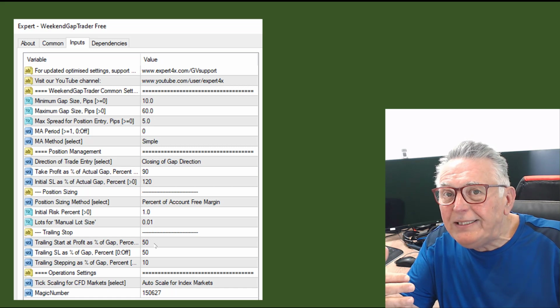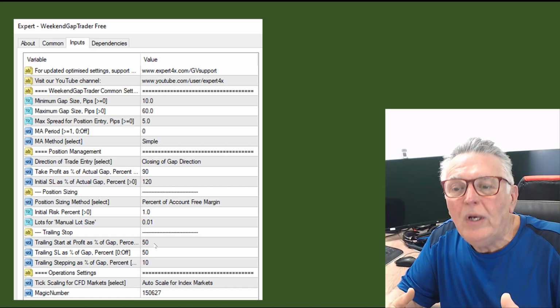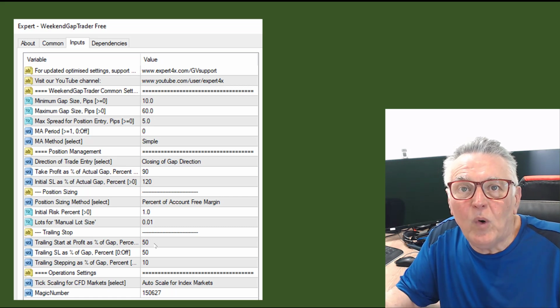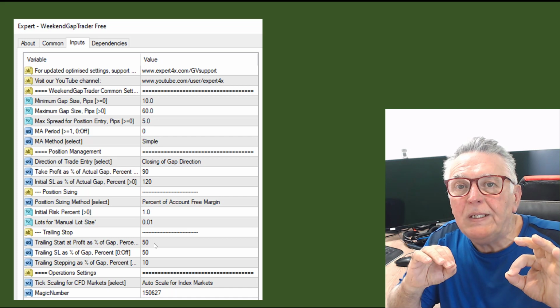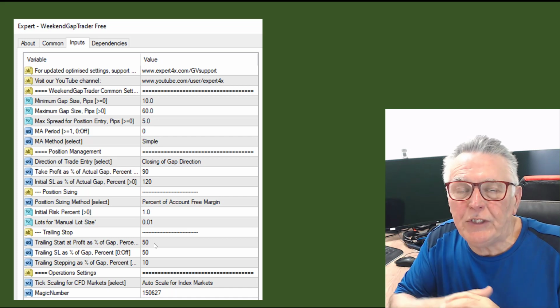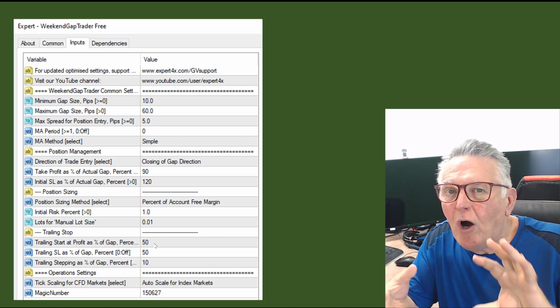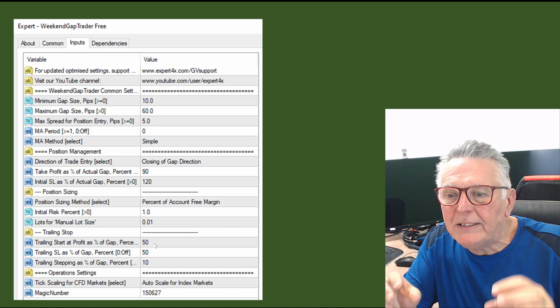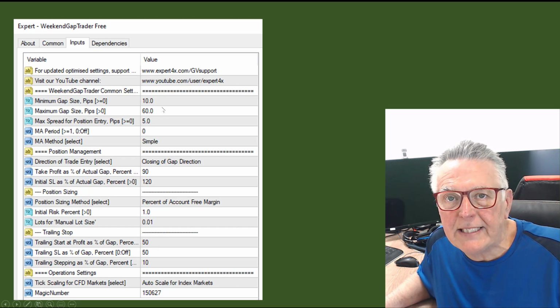Now, if the gap's only 10 and the trailing stop kicks in at 5 and your spread is 5, therefore you are on the borderline of the allowance that you have for your stop. So these things are very critical and slightly balanced, and especially if you're using trailing stops and initial stops at the same time.